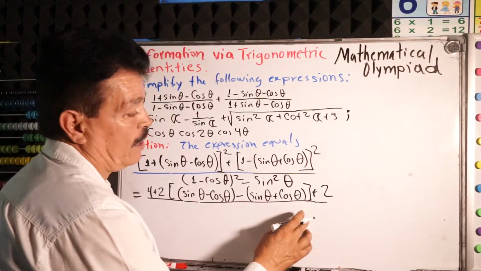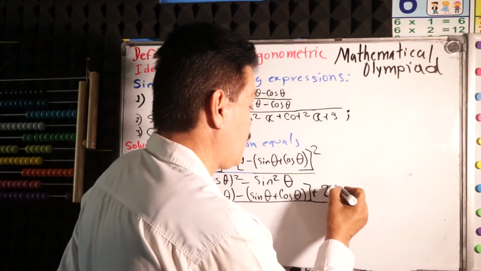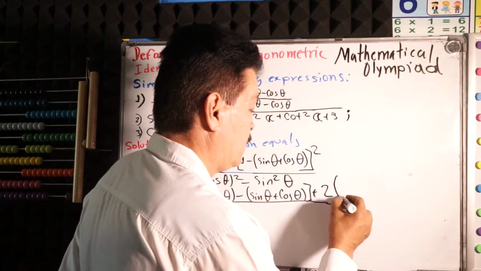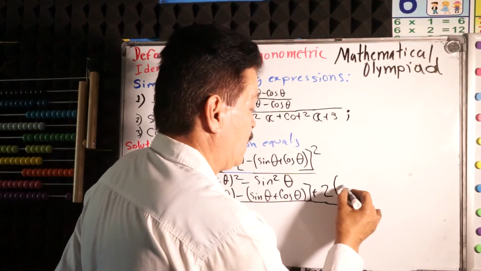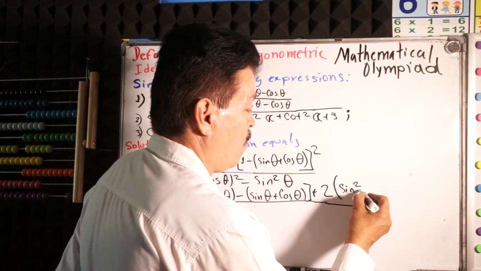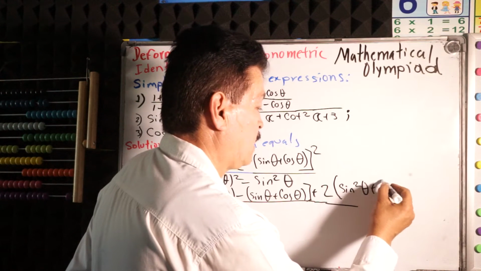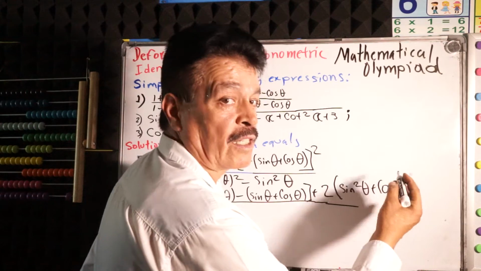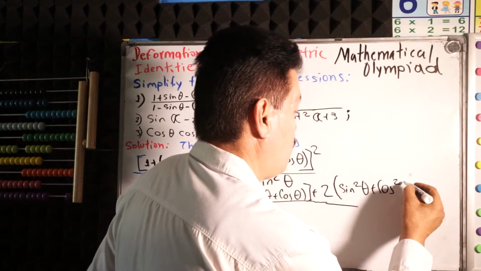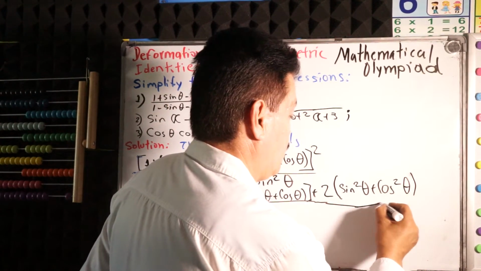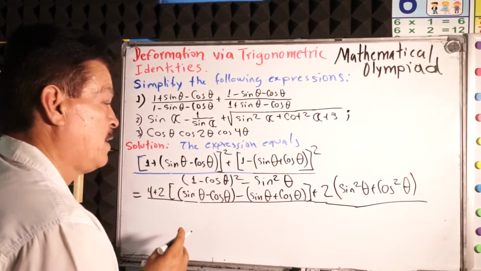Just write 2 right here. Inside open another parenthesis. Just write sin to the second power of this angle plus cosine to the second power of this angle. It's a long process.